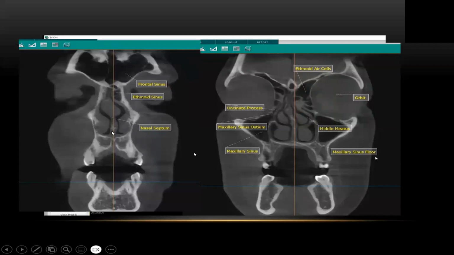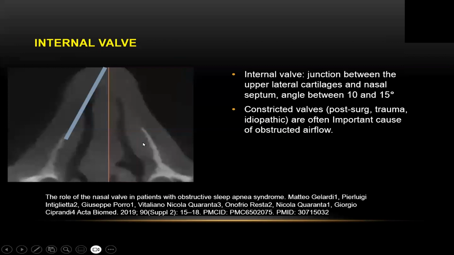We have the nasal septum here. Internal valve. This is the junction between the upper lateral cartilage and the nasal septum. So the nasal septum and the cartilage on the right and the left. The normal angulation between the nasal septum and internal valve should be 10 to 15 degrees. But if it is smaller than that, that is representing a constricted valve, and that should also be reported.